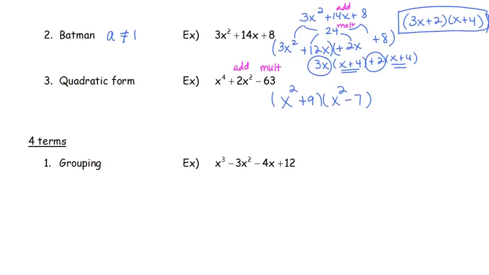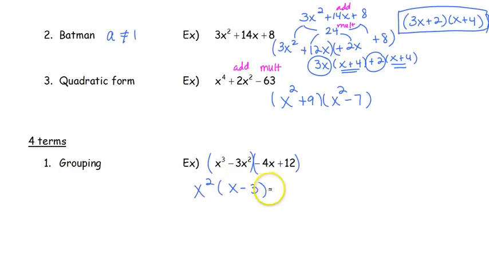And our very last method, when you have four terms, the only factoring method you could use would be grouping, if it's factorable. And grouping should be familiar because we do grouping in the second step of our Batman. We group the first two pieces together, we group the second two pieces together, pull out the GCF, they share an x squared, which means we're left with an x minus 3.